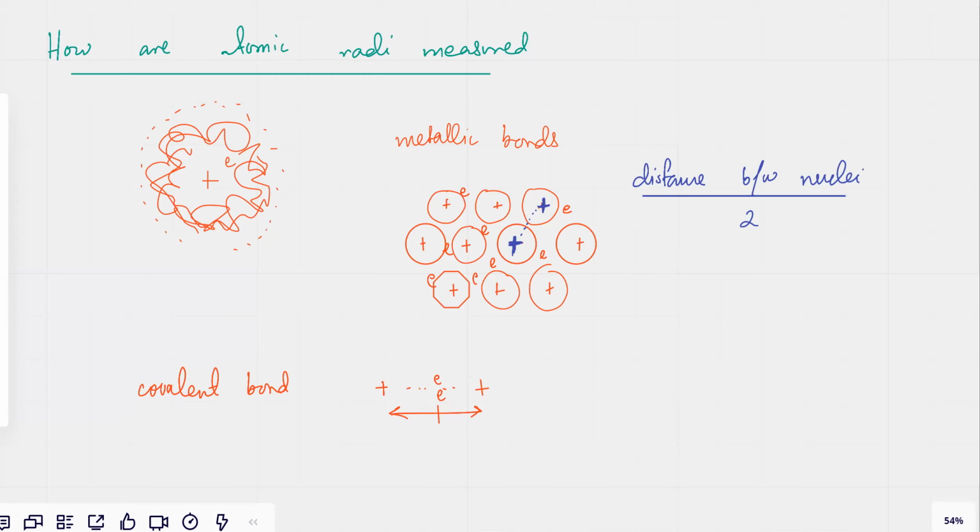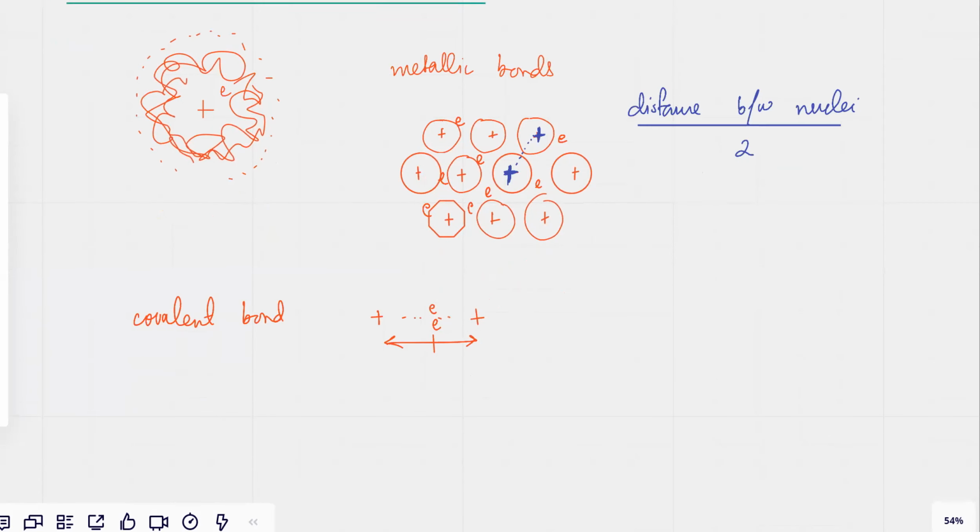But there are certain elements that don't form bonds. Those are noble gases mostly. So there's an issue with noble gases. How do you find the atomic radius of a noble gas atom? Their problem is they don't form bonds.